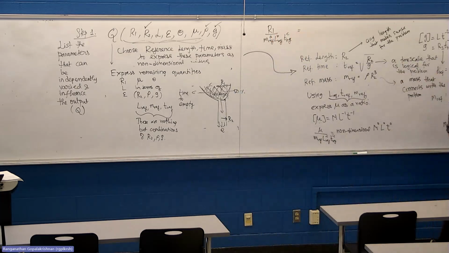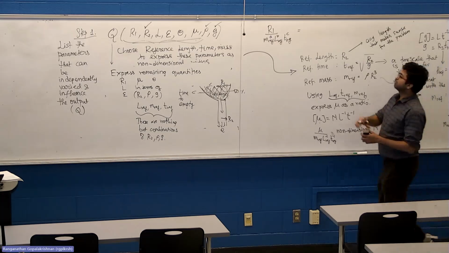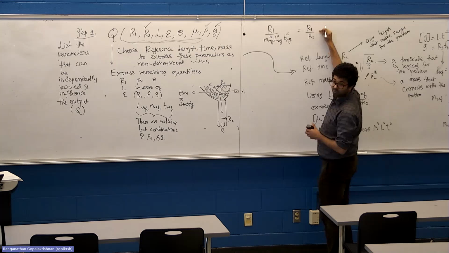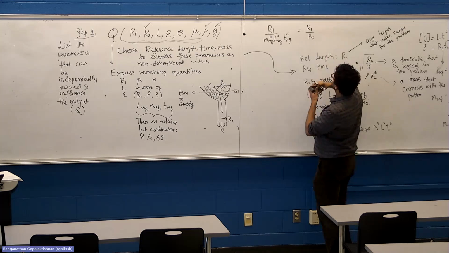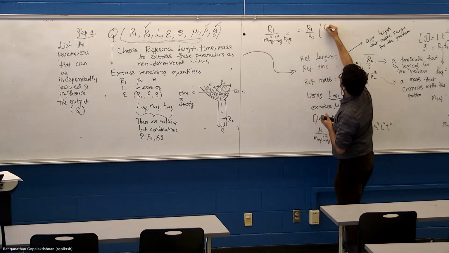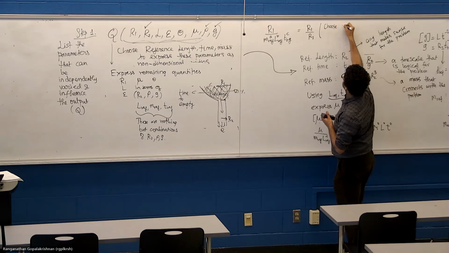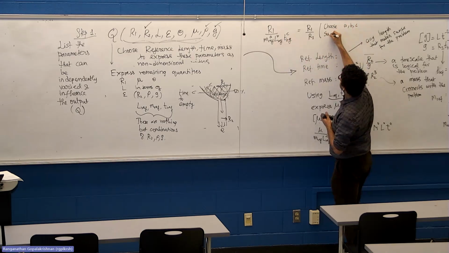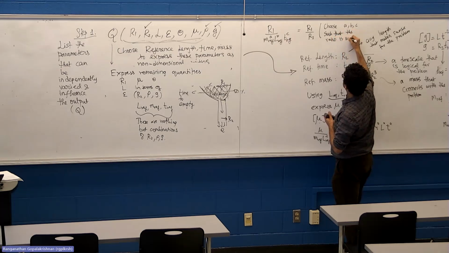It's a very simple question. It would just be R1 divided by R2 because length over length. So choose A, B, C, the indices such that the ratio is unitless.